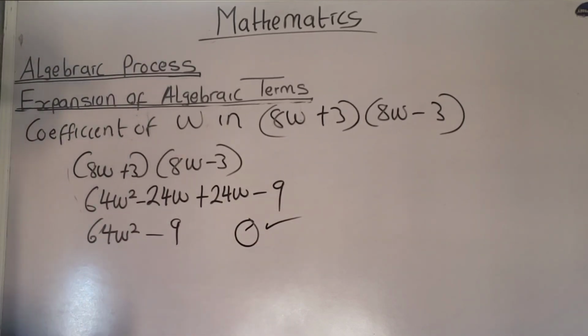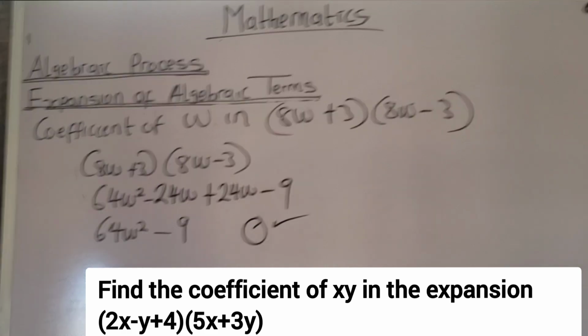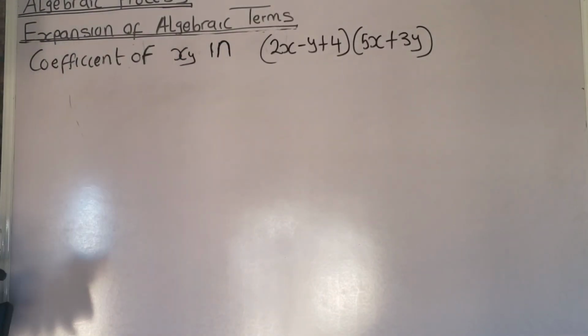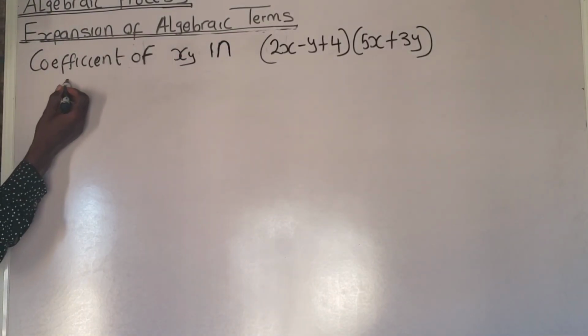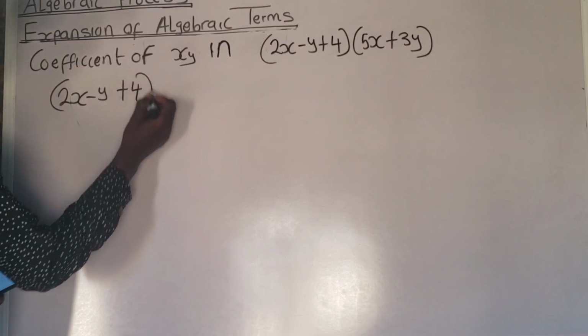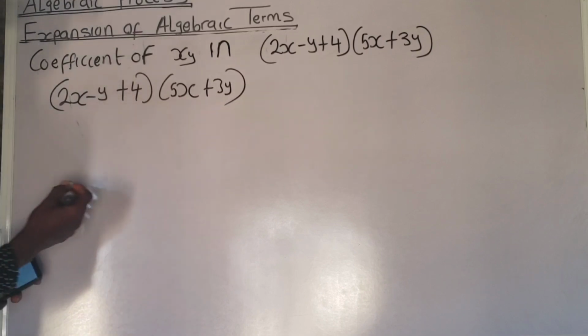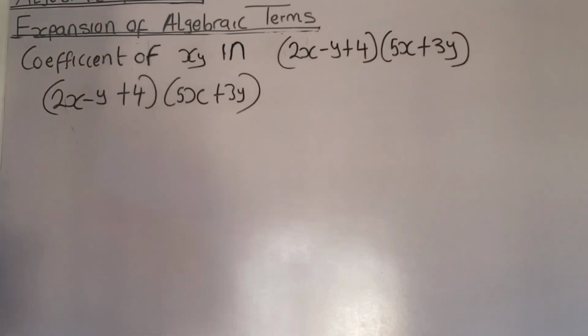Okay, now let's move to another question. We are asked to find the coefficient of xy in the expansion of 2x minus y plus 4 multiplied by 5x plus 3y. Okay, now let's take the product of the bracket. Please, I want you to pay attention.